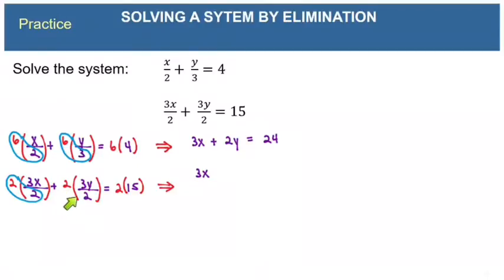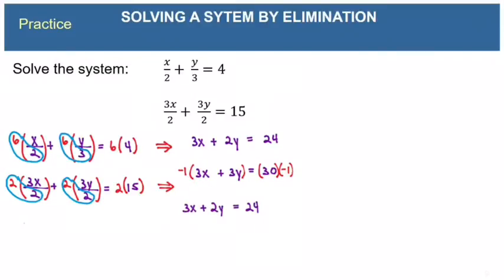And these 2's will cancel, and that will leave us 3y. And then nothing cancels over here, so that gives us 30. Okay, now we've got a system of equations without any fractions, and notice that the x coefficients are both positive 3. So we have our coefficient that we need, but we need one of them to be negative, so let's multiply the bottom equation by negative 1.